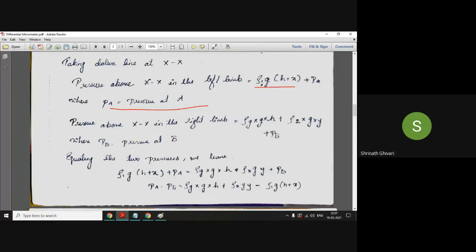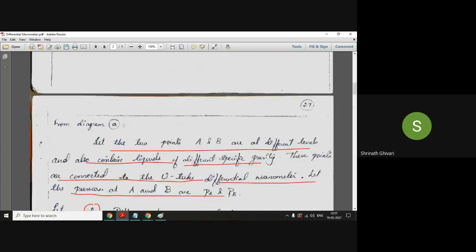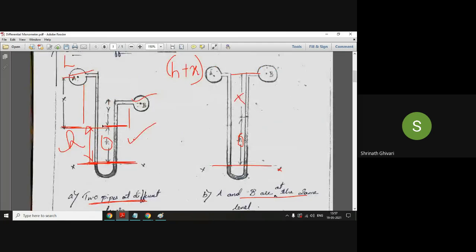You are nearly correct. But the density of liquid here is different. There are two different liquids now, right? This is ρg, which is mercury, and this is water or any other liquid.